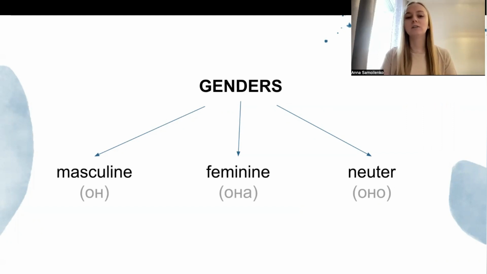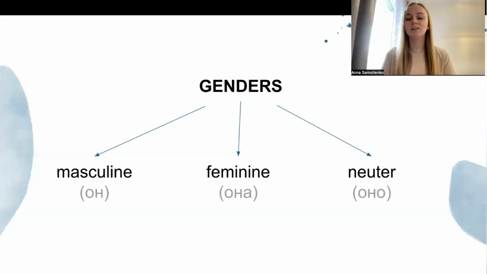I just wanted to tell you in advance that in English you also have such genders, right? You have masculine, feminine, and neuter. But there is a small difference. In English, you always assign genders depending on whether a noun is animate or inanimate, right? So a table is neuter because it is inanimate.